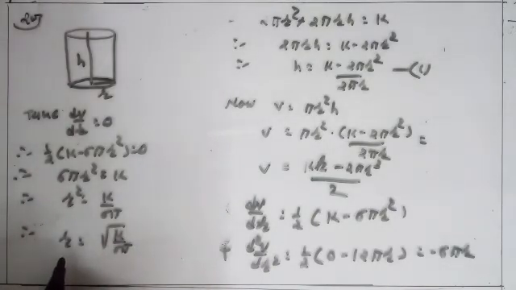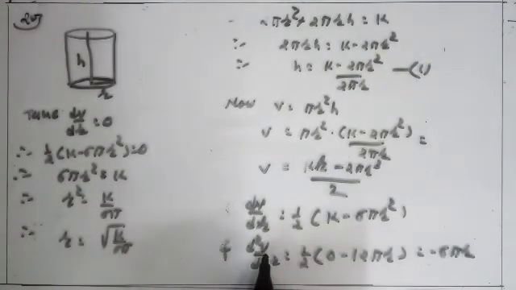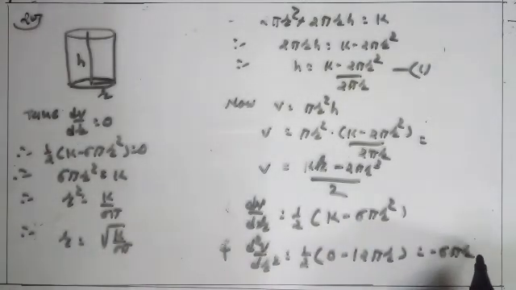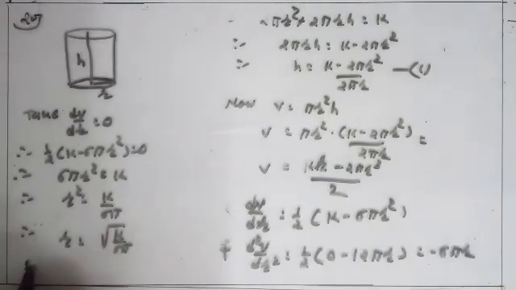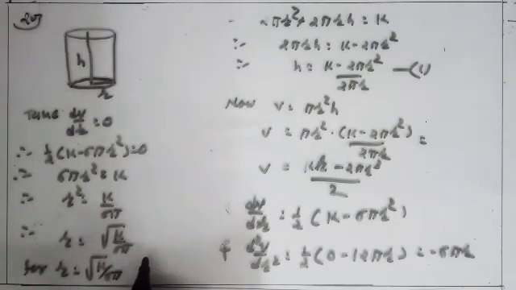Clear this? Now for r is equal to root k upon 6 pi, put here, we get less than 0. For r is equal to root k upon 6 pi, d square v by dr square is less than 0.